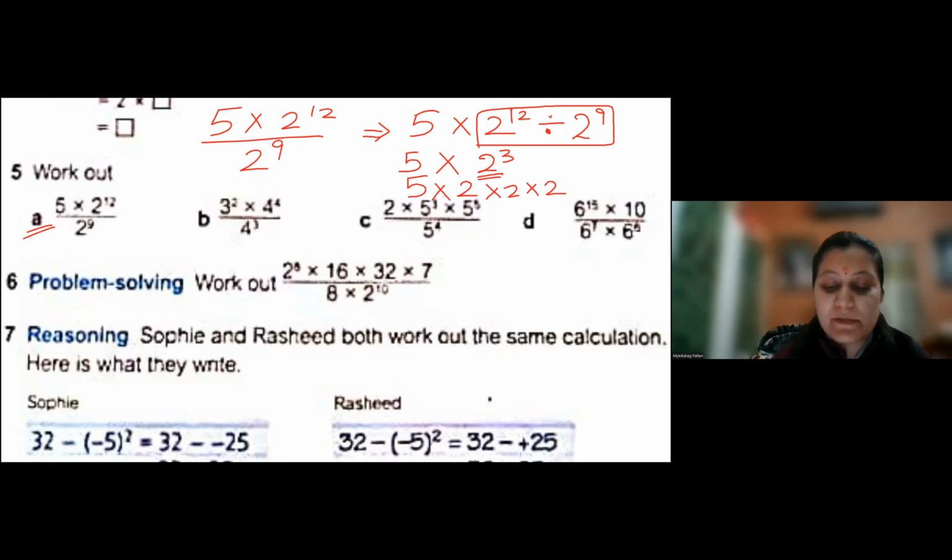Okay. So by mistake you added this also, but these are not the same bases, right? We cannot add them because these are different bases. We'll just solve the same bases first. So now you can find for this one 5 multiplied by 2, again multiplied by 2, again multiplied by 2. Just check what answer we are getting.